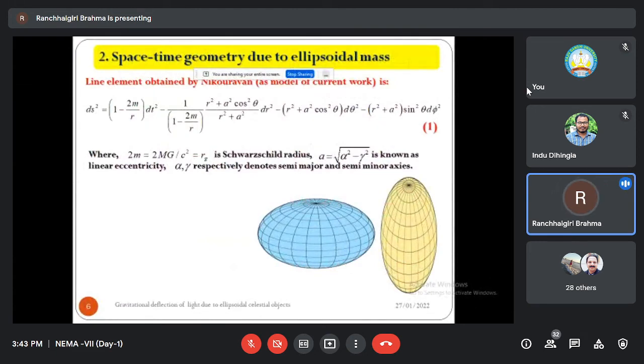The line element obtained by Nema VII is given by ds squared equals this expression, represented by equation 1, where r represents the radius. A, which I have defined already, is known as the linear eccentricity. Alpha and gamma represent the semi-major axis and semi-minor axis respectively.